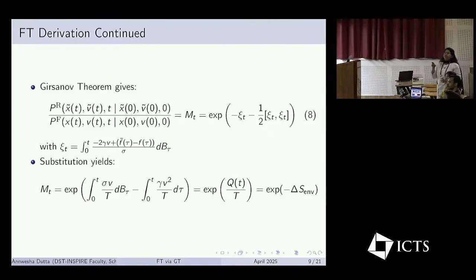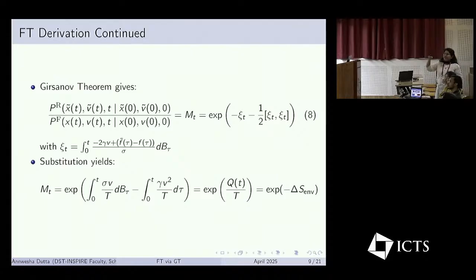Now, using the Girsanov theorem, we just plug it in. We can see that M_t equals exponential of minus xi_t minus half of xi_t comma xi_t. The expression for xi_t comes from the drift change.